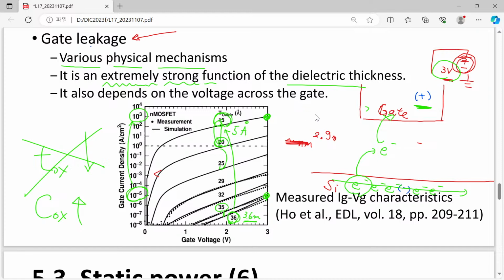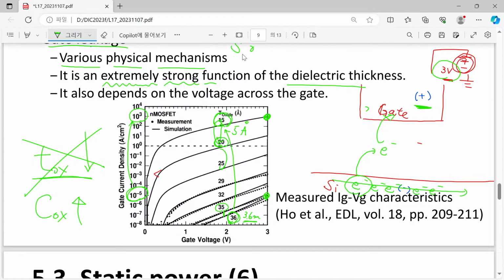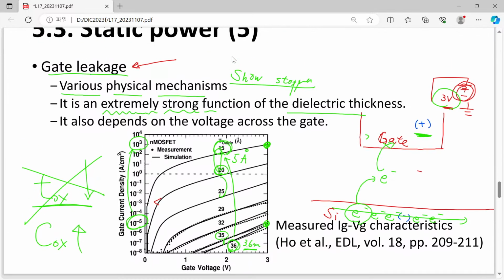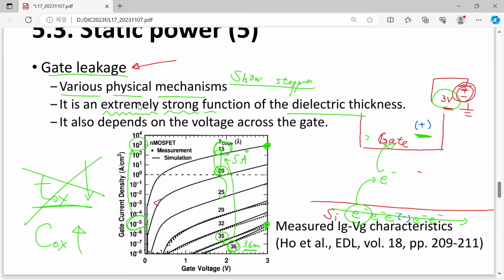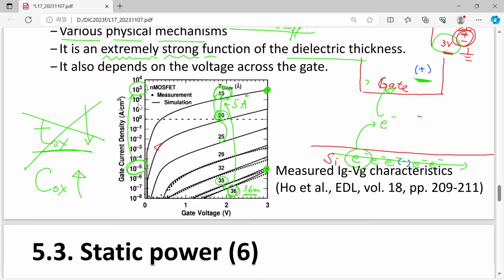So we have some desire to decrease oxide thickness. However, this graph just shows that eventually this gate leakage will become the so-called showstopper. So our device scaling will eventually be stopped by this gate leakage. That was our previous problem.